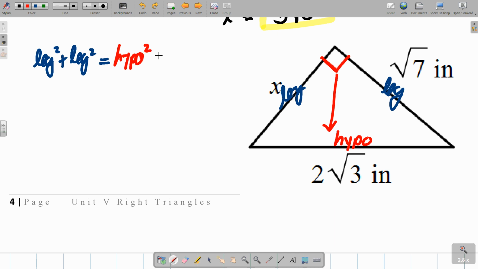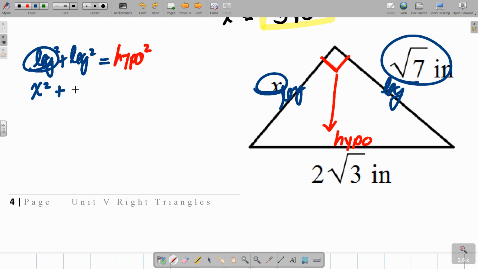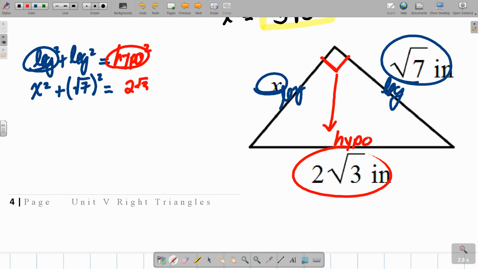Please always write the equation, even though you know it. Then we physically circle, plug, chug. One leg is going to be x squared. The other leg, we physically circle it, is root 7. Put parentheses around that, squared, equals hypo 2 root 3, put parentheses around that, squared.